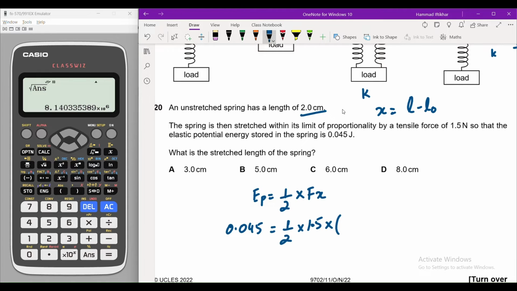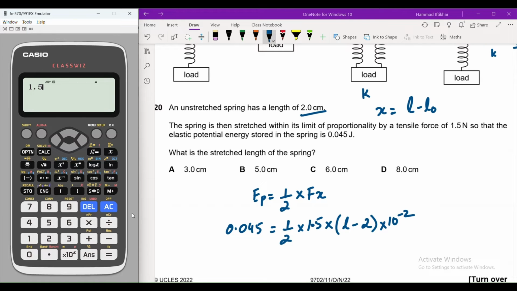So we already know L, okay, Fx, that is L minus 2, and since these are in centimeters, we will need to convert both of them into meters. Oh wait, sorry.